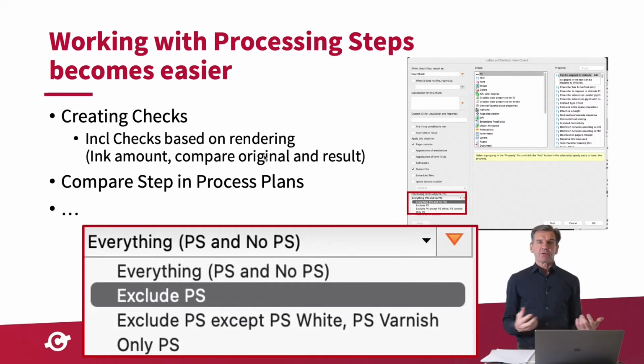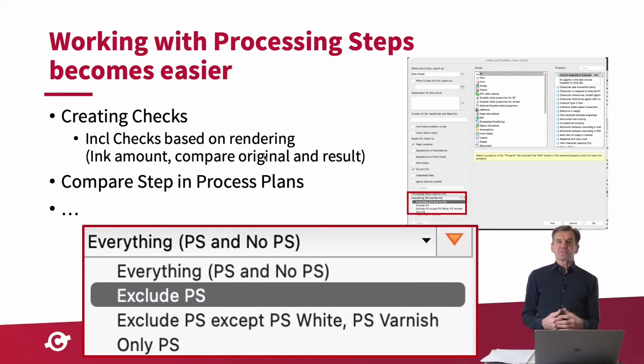Therefore, if you check for a minimum line width, for instance, you may want to exclude objects that are on a processing steps layer. If there is a thin hairline, let's say in the legend, it doesn't really matter because that is not going to be printed. But if it is a hairline in the packaging design, then you would want to find it.